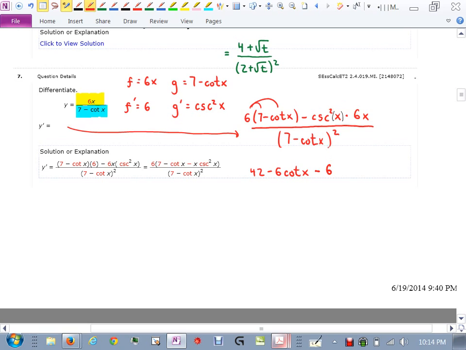I'll put the constant out front. And cosecant squared x. Oh, 6x. Oops, forgot the x. Cosecant times cosecant squared x all over 7 minus cotangent x squared.